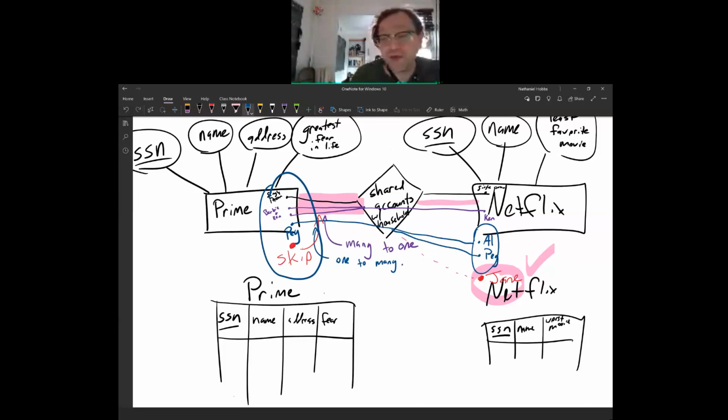How about multiple people with a Prime account, even though one of them has a Netflix account? Yes. People who share a Prime account and they share a Netflix account? Yes, that will also be true here. How about people who just have a Prime account, or only one of them uses a Prime account, but they share a Netflix account?